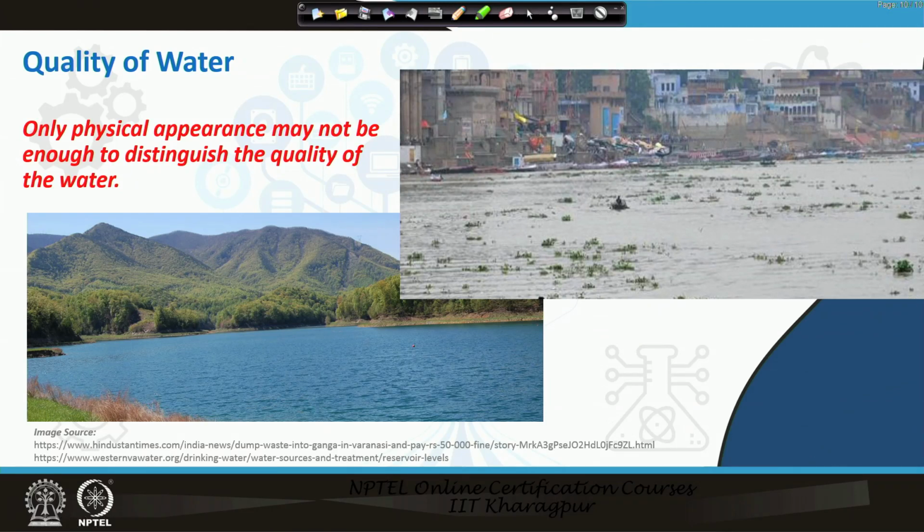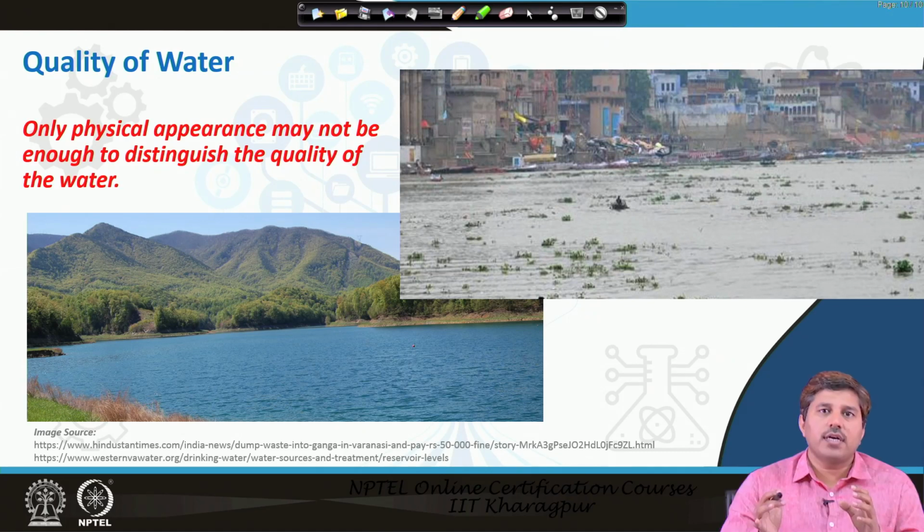Now these are the same images which were displayed in the earlier class as well. So we see that there are two sources of water here. In the earlier class we said that the two sources give an idea that the quality of water is different in these two sources.